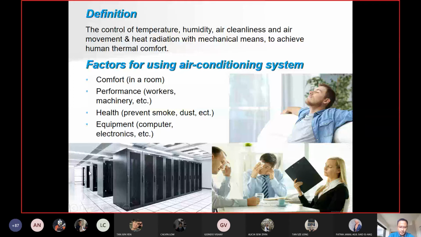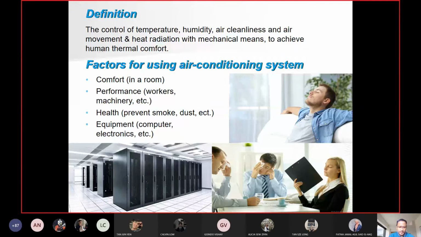A server room is where your online data is stored. This kind of equipment, computer and electronic equipment, requires, not to say very cold, but a certain temperature to be provided.